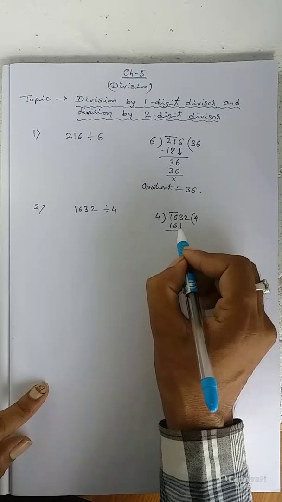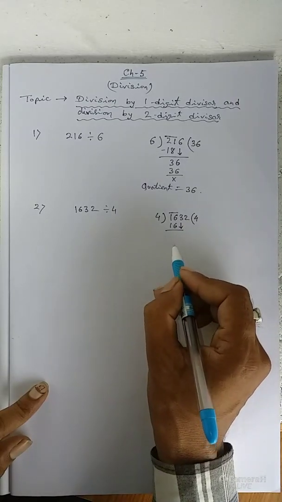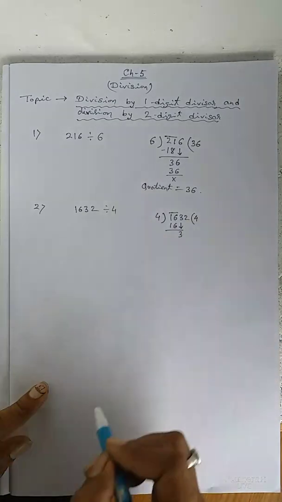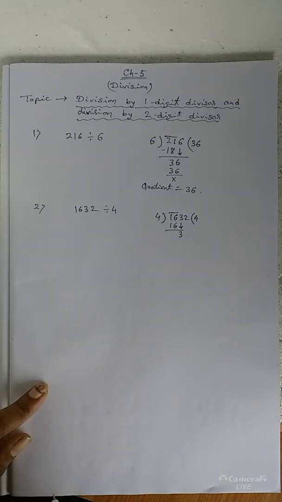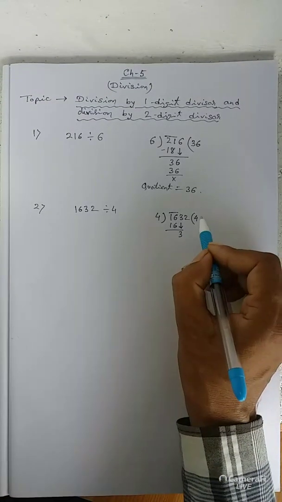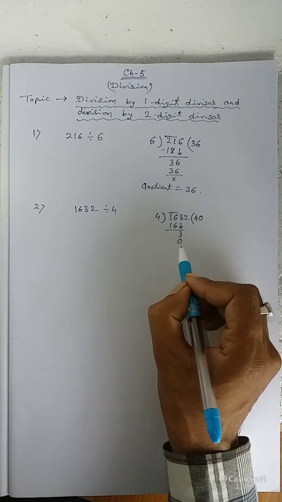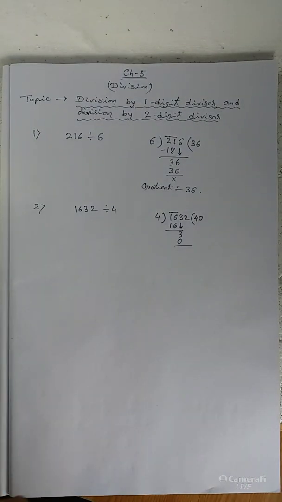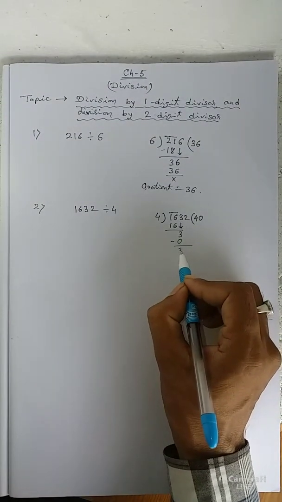Now we will take the next digit from the dividend, it is 3. Now we have to proceed. 4 1 is 4, which is greater than 3, but we can take 0, 4 0 is 0, and subtract. 3 is here.